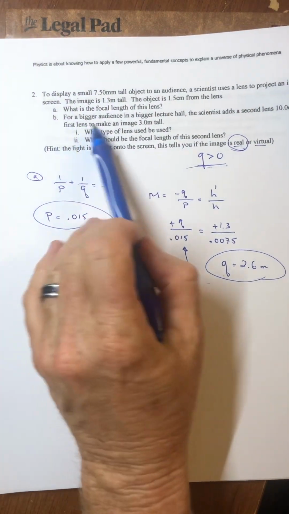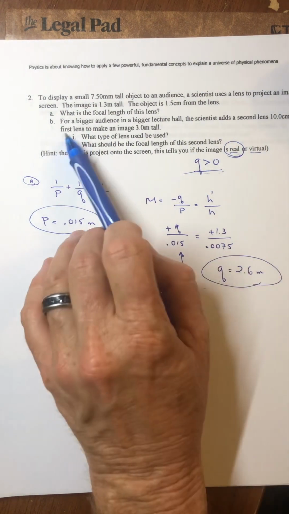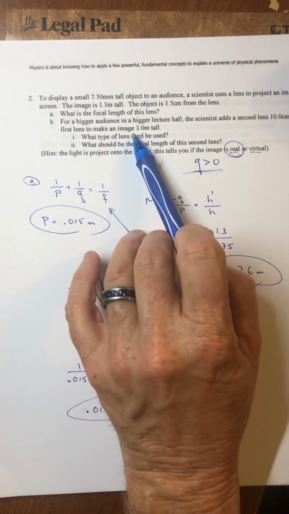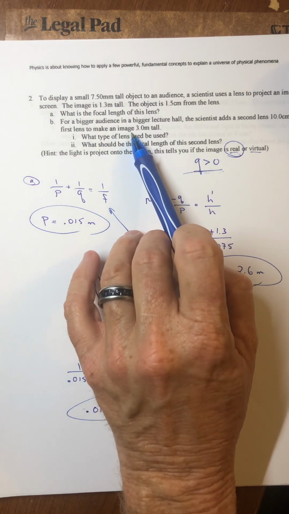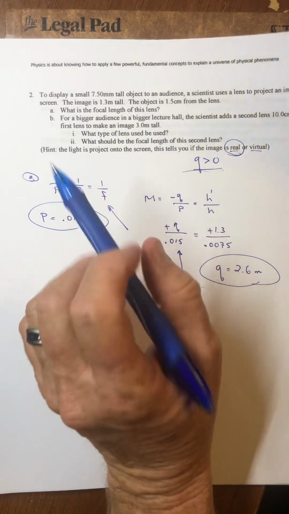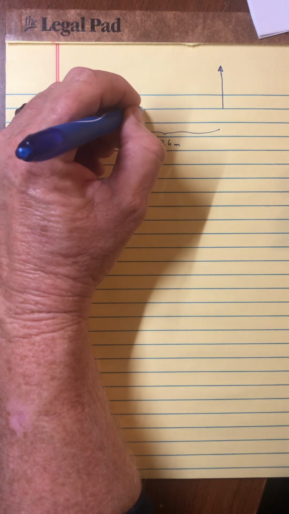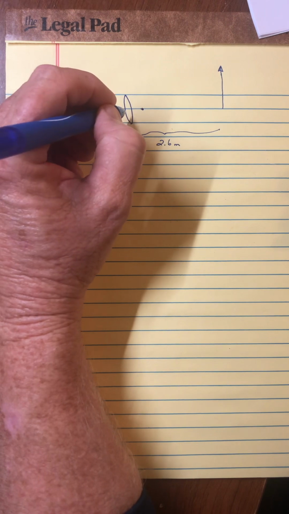Now, for the bigger audience, we put a second lens that is only 10 centimeters from the first lens to make the image even taller. Now we want to get it bigger at 3 meters. So we're going to put a lens 10 centimeters away.